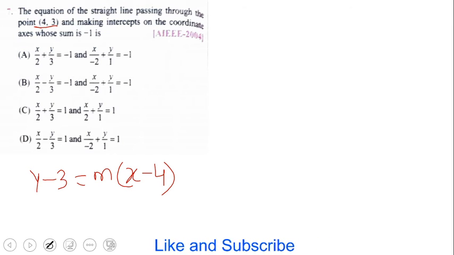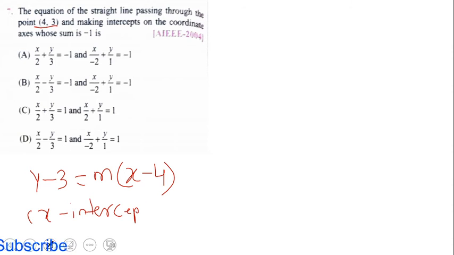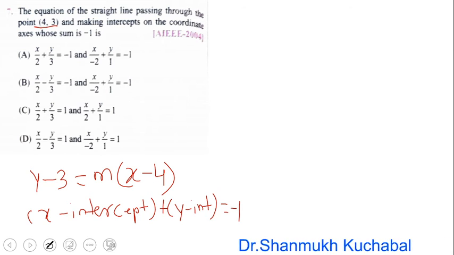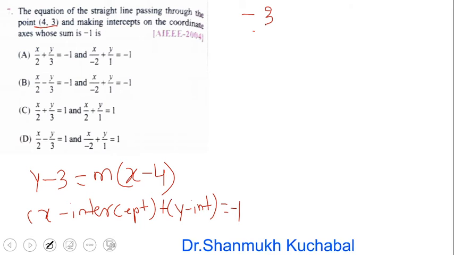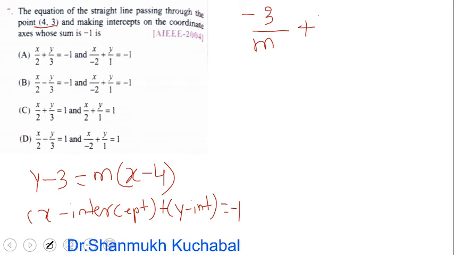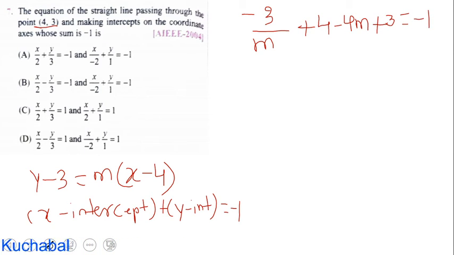Then we write the equation: x intercept plus y intercept equal to minus 1. So the x intercept is minus 3 divided by m, and the y intercept is 4 minus 4m plus 3, equal to minus 1.